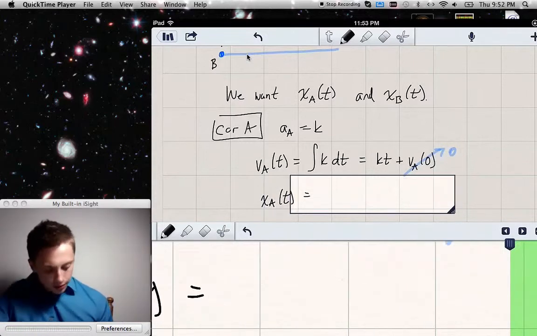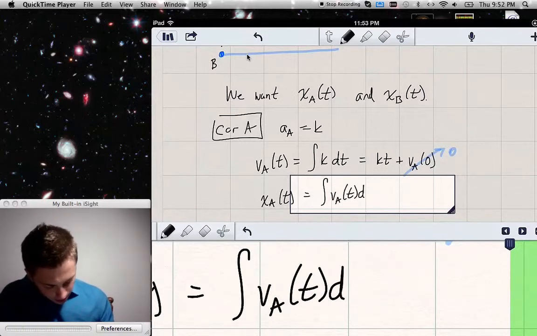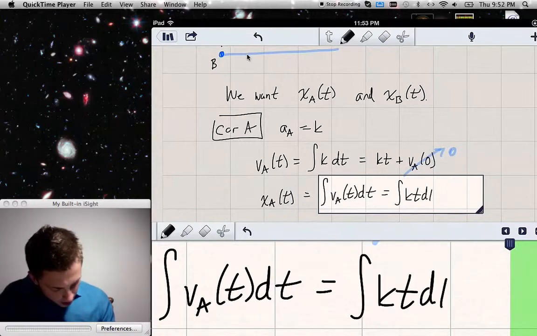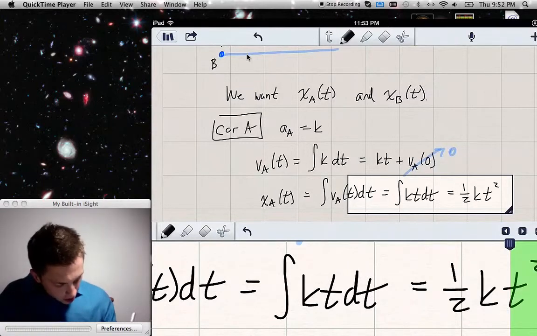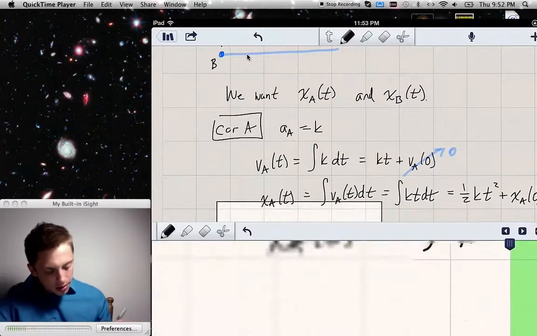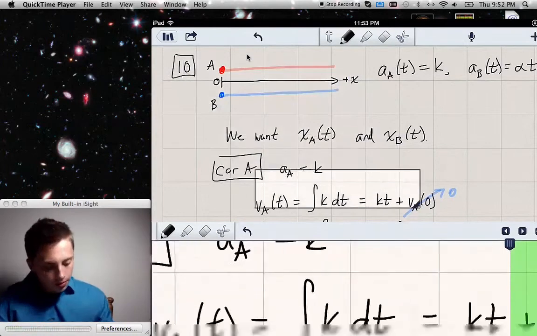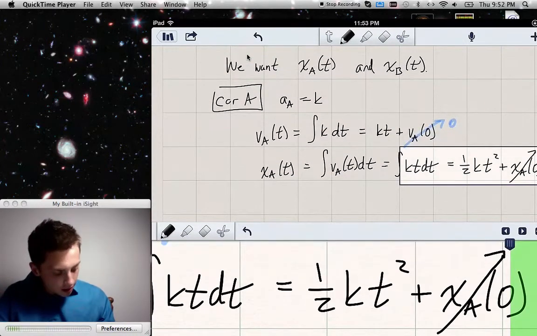So, to get the position function, we integrate the velocity function of car A, integrating kt, and that gives us 1/2 kt squared, plus the initial position of car A, which will depend on your coordinate system. In our coordinate system, car A starts at the origin. So at t equal to 0, the coordinate of car A is 0.